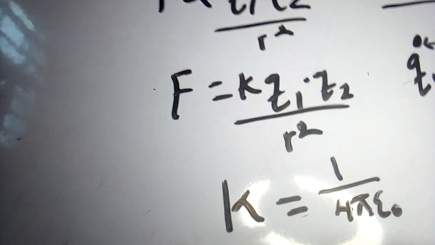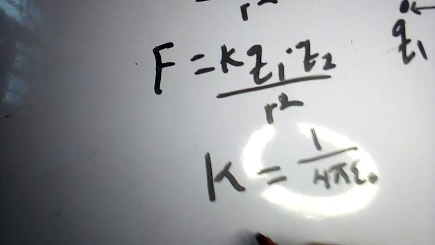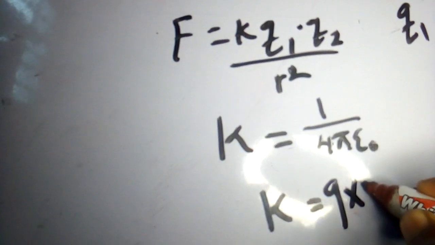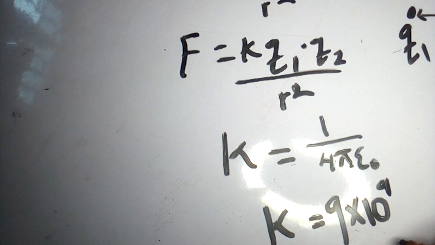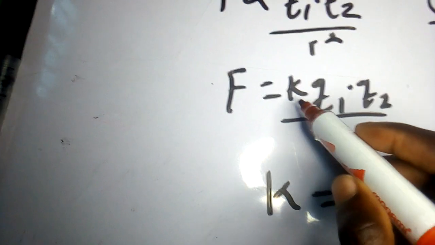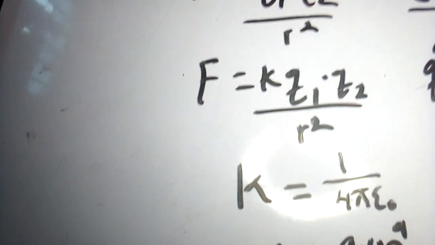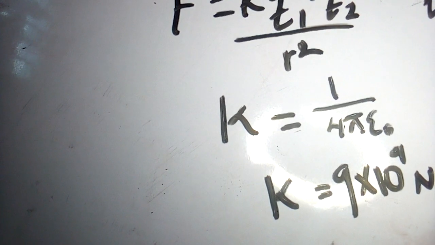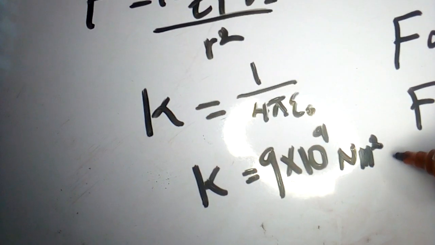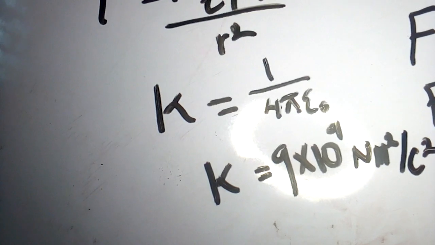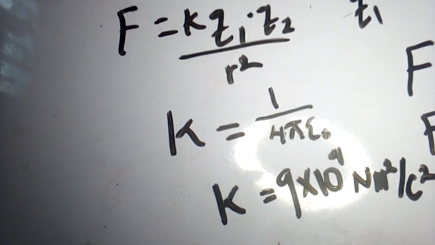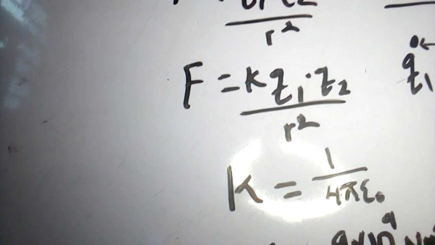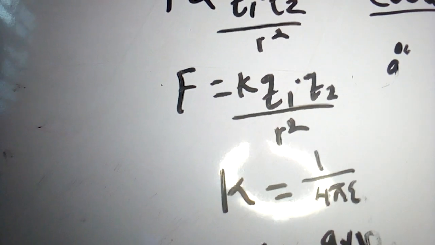The value of K as a constant is 9 times 10 to the power 9, and the unit, when you make K the subject of the formula, is Newton meter squared per Coulomb squared. That is the unit of K. So we can lay our hands on questions on this. That is for Coulomb's law.